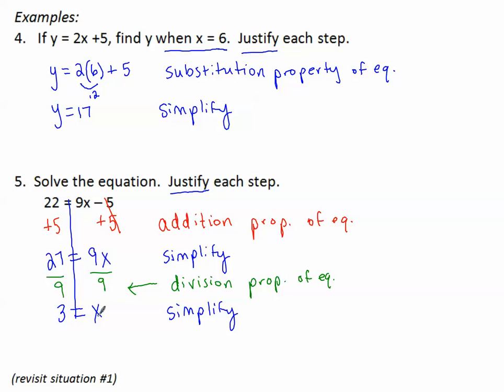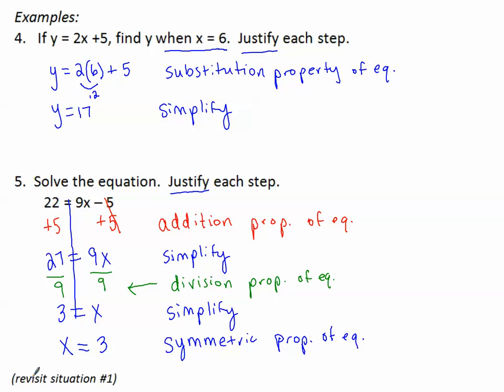Now, even though 3 does equal x, it's not really proper to leave your answer this way. It's better and usually seen with the x first. So we turn it around, x equals 3. So what's that called when I flip around the equation? That's the symmetric property of equality. I flipped this to put the x first.